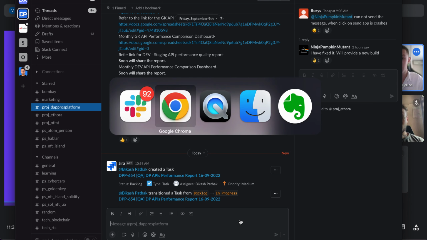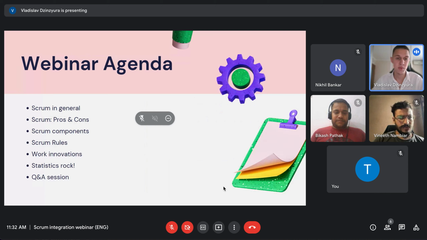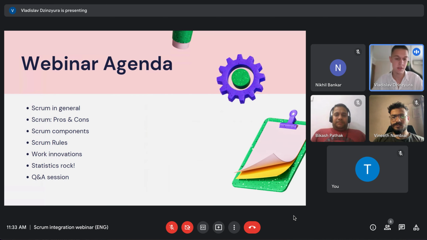So today's plan is to review the Scrum in general, to discuss pros and cons, to discuss also components and Scrum rules. Then I will provide you some working narrations, and of course we'll review some statistics. At the end we'll have the Q&A session, but feel free, if you have any questions while I'm speaking, you can just raise the hand in Google Meet and I will see, and we will discuss in more detail if you have something to ask.